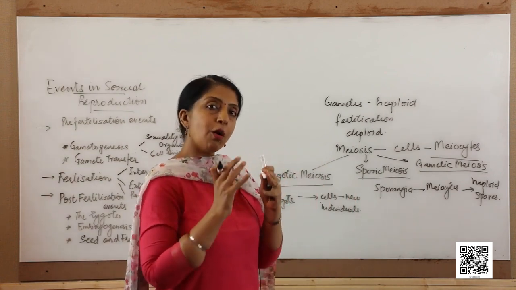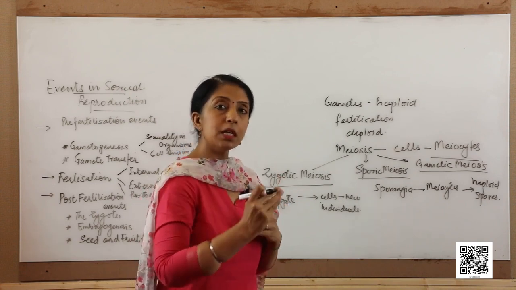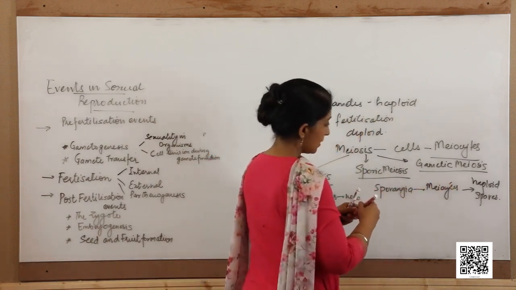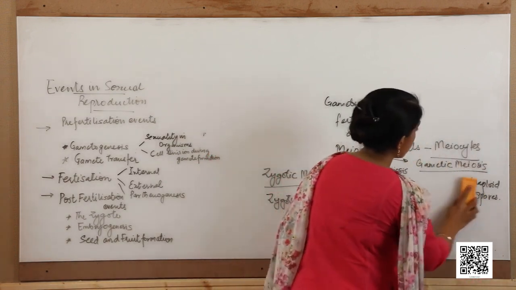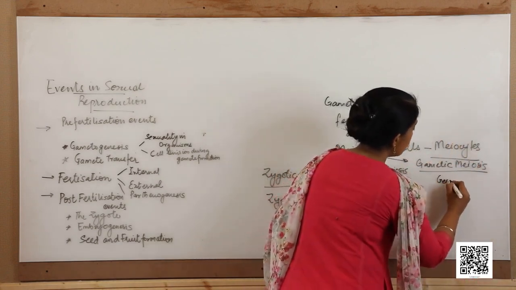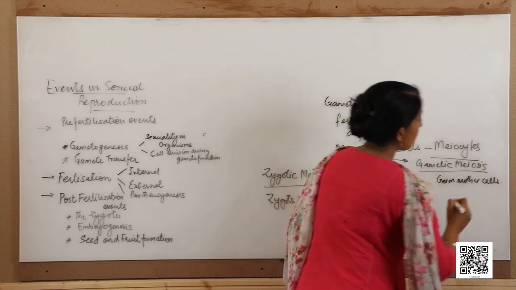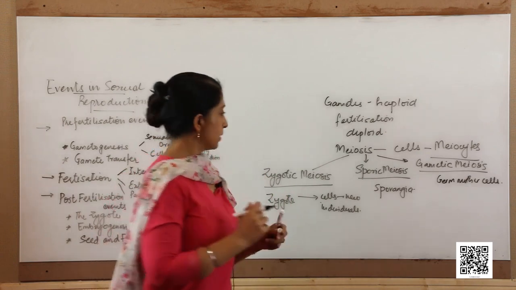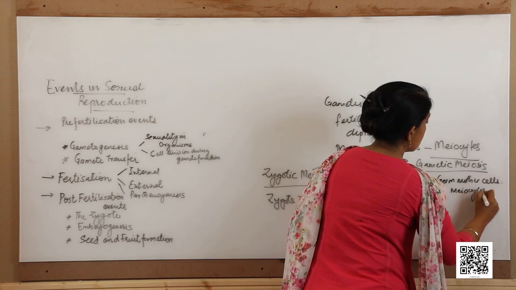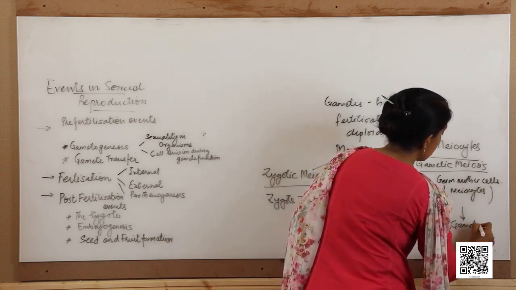These sex organs are also diploid, and the germ cells which have to form the gametes are also diploid. So, here the germ mother cells act as the meiocytes. Where are they present? Inside the sex organs. So, they act as meiocytes and meiosis takes place and haploid gametes are formed.